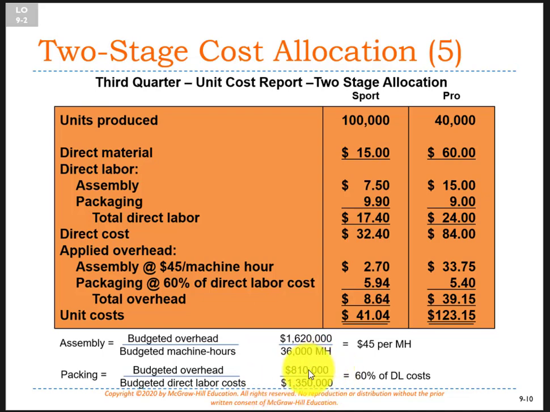So again, we take the smaller budgeted pile of overhead, and we divide it by the estimated direct labor cost for, in this case, packaging or packing, the part of the direct labor.